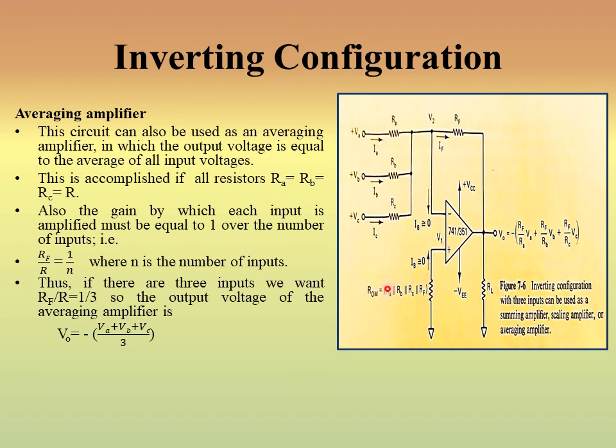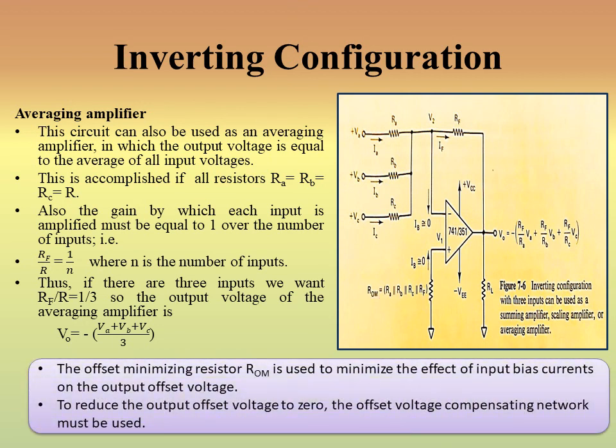Now in all these figures of the inverting configuration, one thing you must have noticed is that we have placed a resistor and its value is written as ROM. Now what does this ROM mean? The value of ROM has been calculated by such a combination. This resistor is basically called the offset minimizing resistor and it is used to minimize the effect of input bias currents on the output offset voltage.